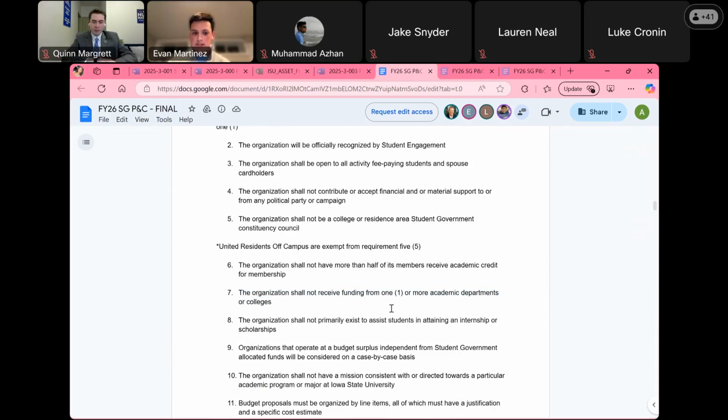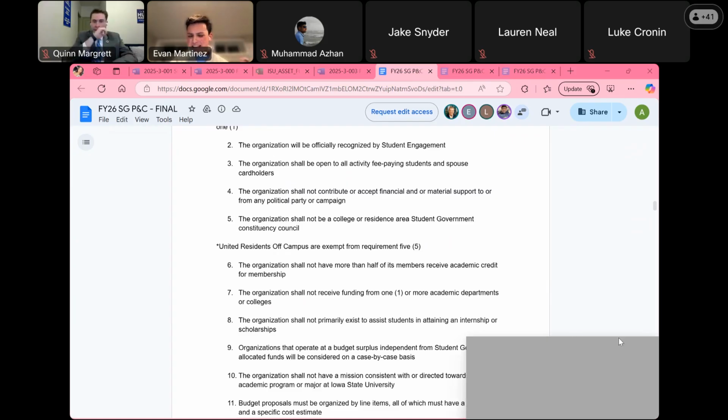One of the things we stressed this year on this edit is to either remove or not add any more case-by-case basis language in this document. That makes the document very unpredictable. We want groups who read this document to be able to read it and know what to expect when coming to the committee. I think that's incredibly valuable for them.